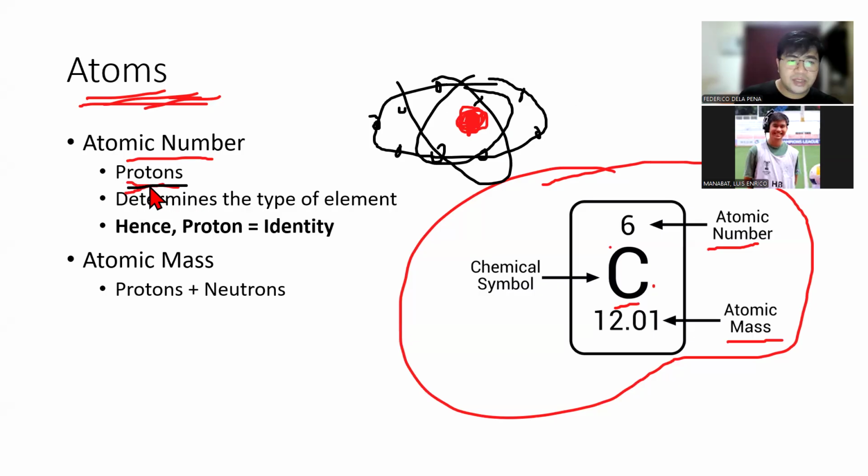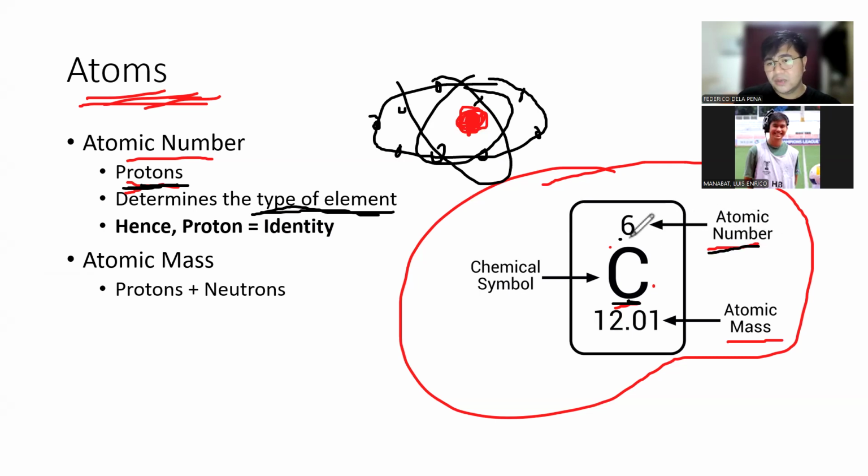Now, protons are actually the most important constituent if we are talking about the identity of the element. The number of protons define what kind of element you have. For example, carbon will have an atomic number of 6.